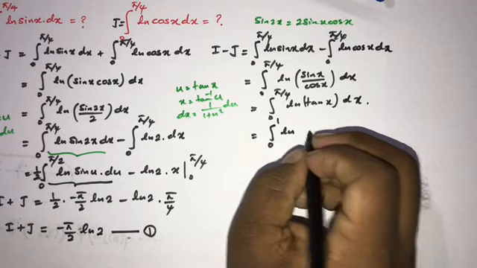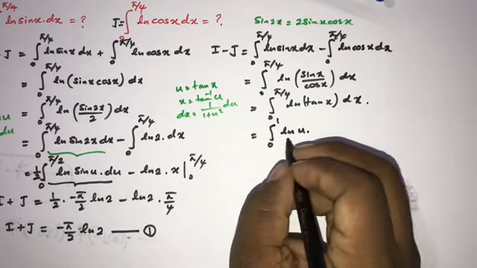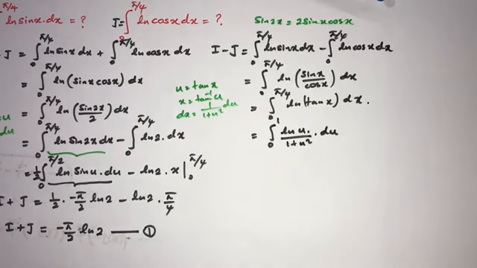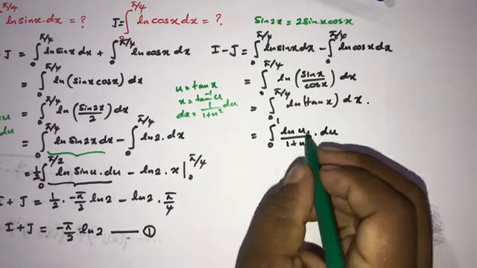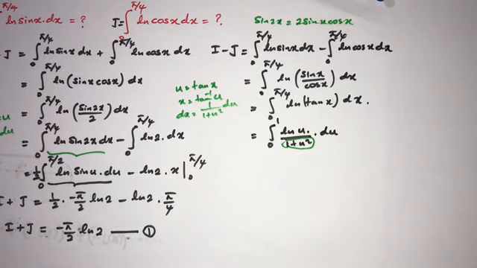And here natural log of tan of x, we know u, and dx is equal to 1 over 1 plus u square du. Okay, now instead of 1 plus u square, we can write the infinite series.